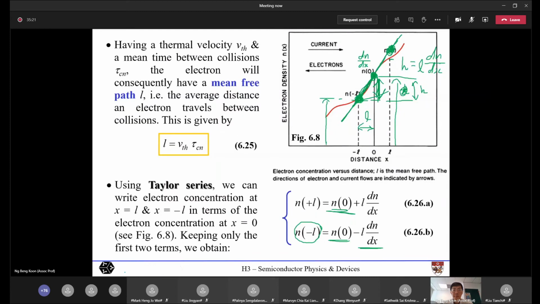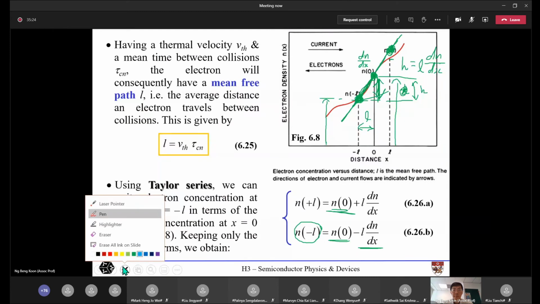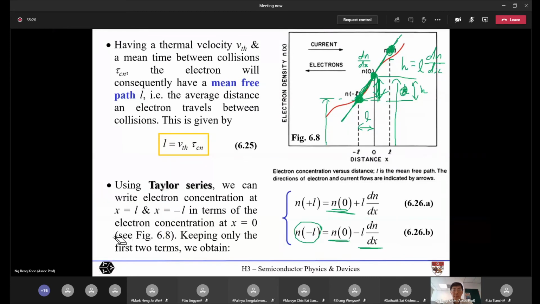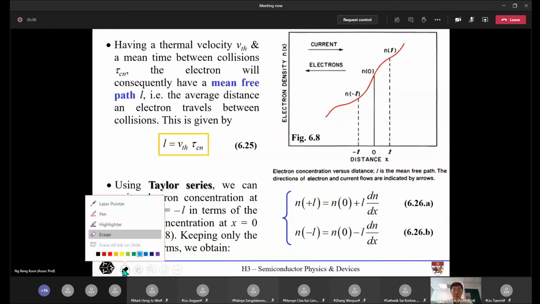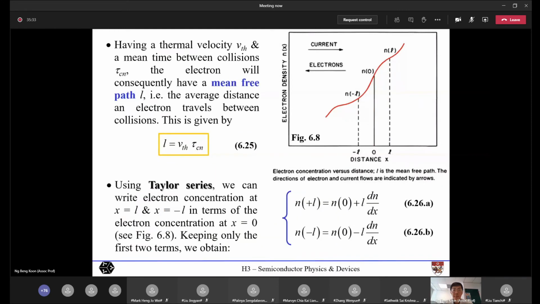So similarly, for n of plus L, if you want to estimate it from the gradient as we did for n of minus L, then you can use the same process. Using this tangent that you draw, we can say that this is given by n of 0 plus this little bit here, which we can estimate from this other h.